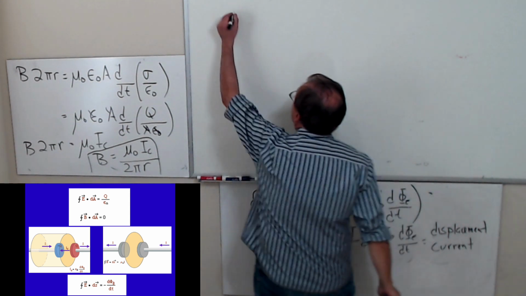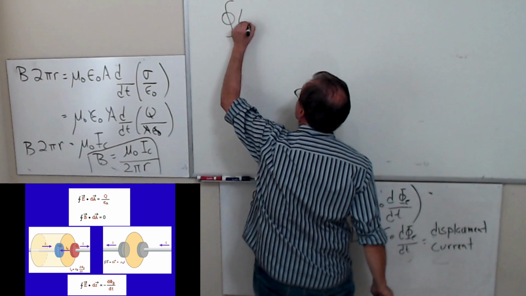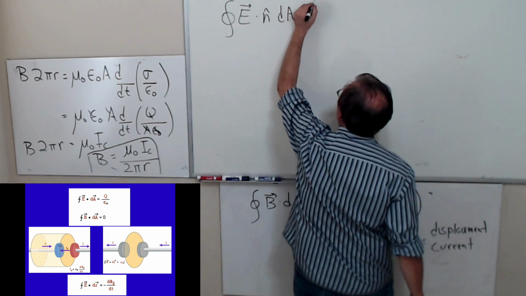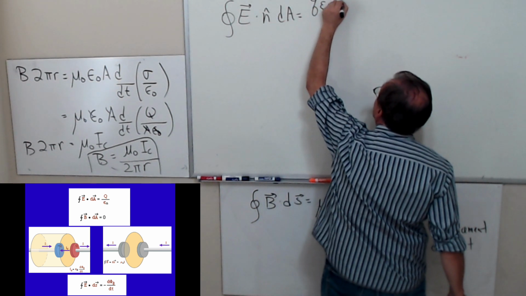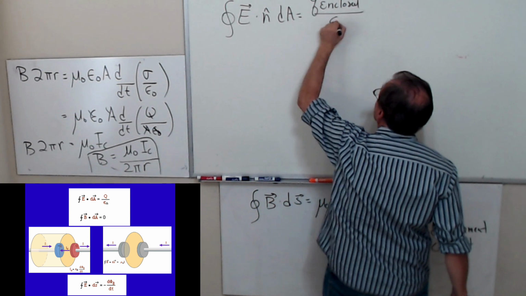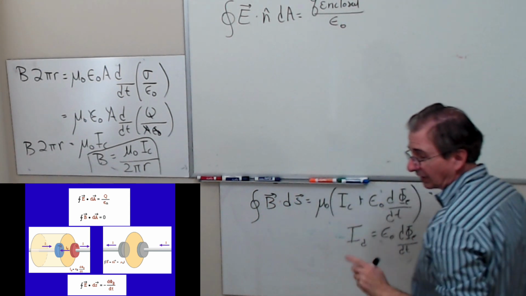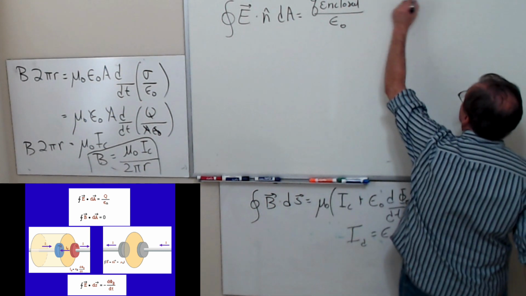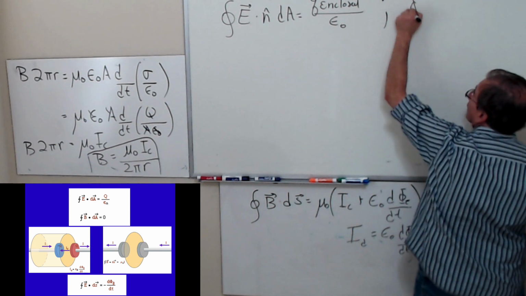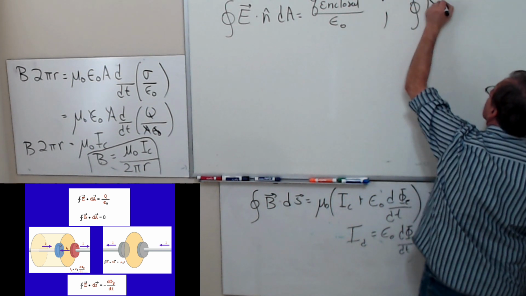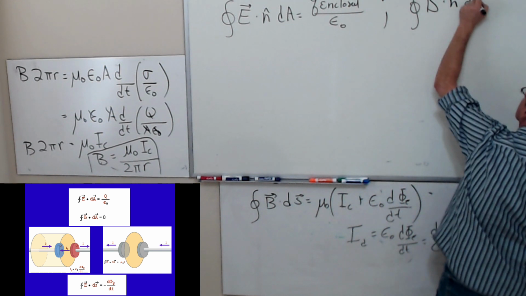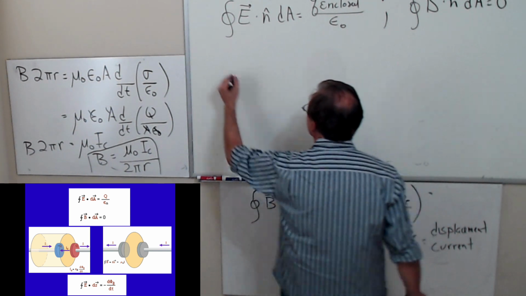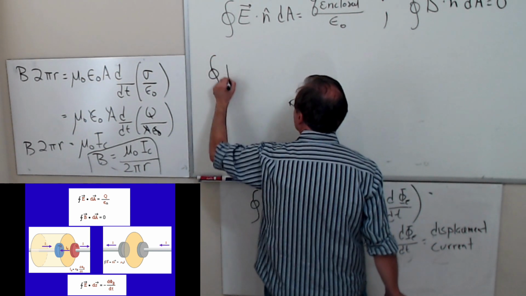At the beginning of the semester, we learned Gauss's law. So we have a Gauss's law equation for electric fields, and there's a Gauss's law equation for the magnetic field. And now we just learned the modified version of Ampere's law.